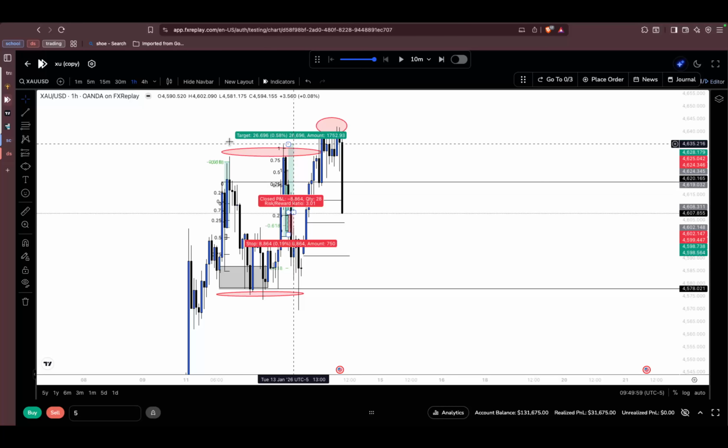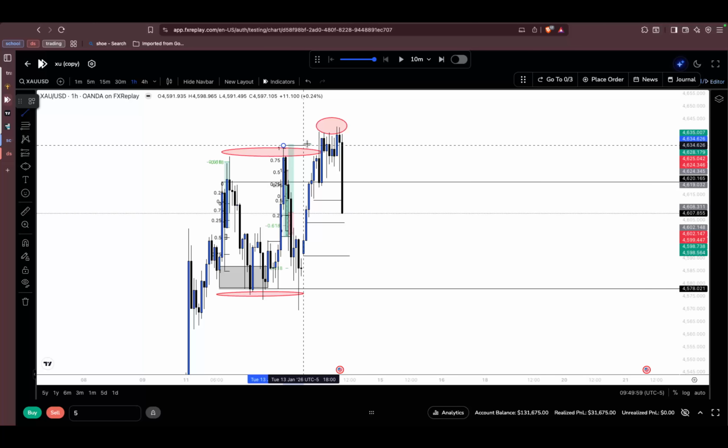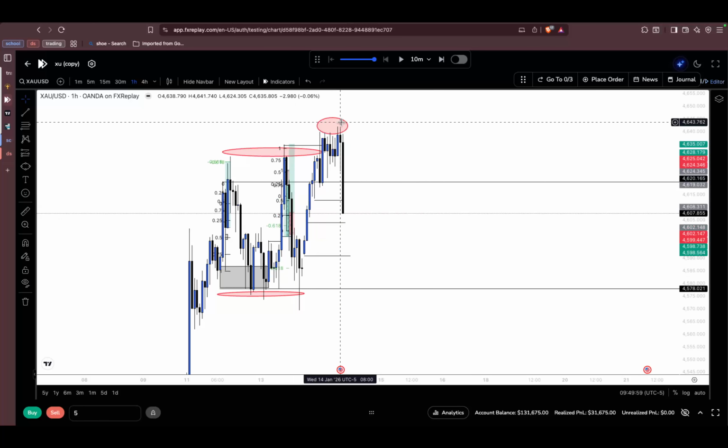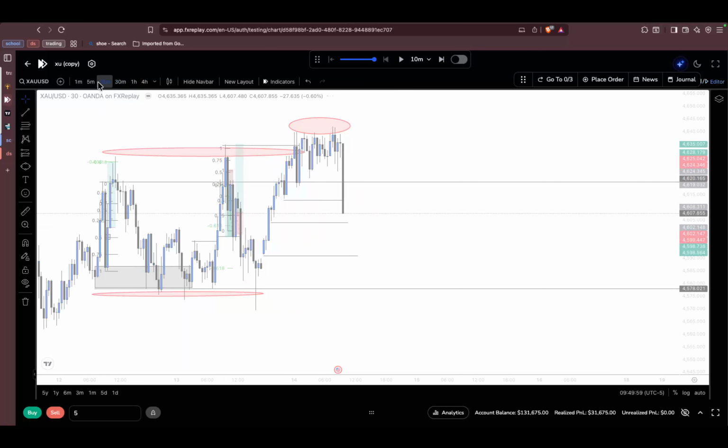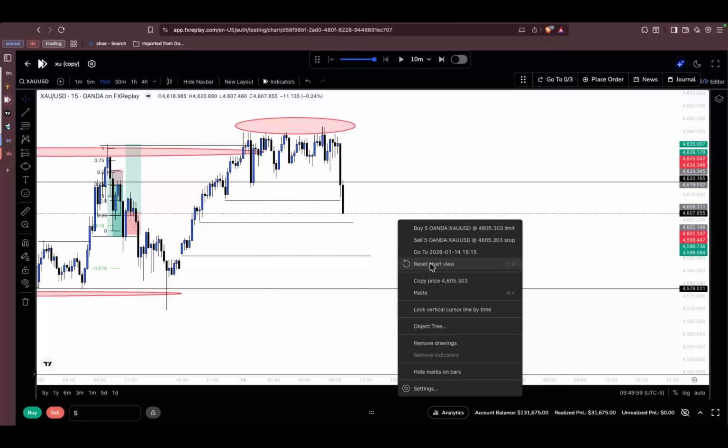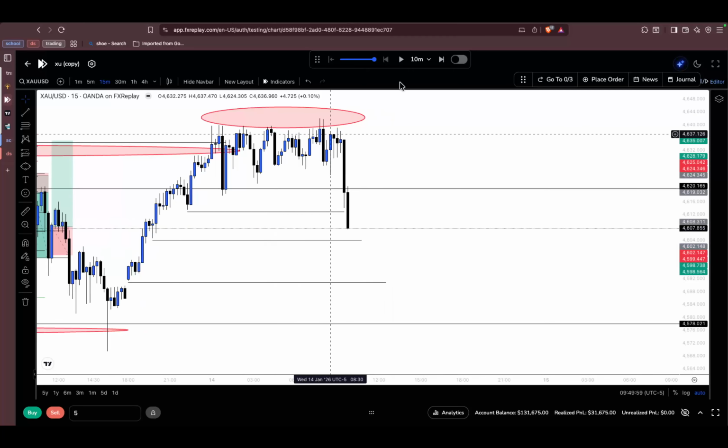We see price break structure right here, so we're seeing a pretty deep pullback. After we see a break of structure, we want to see a pullback and a continuation. So yeah, let's look and see what price does.